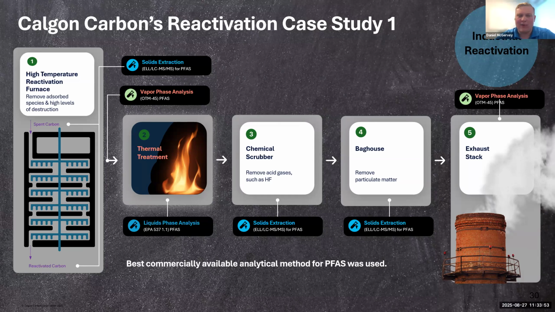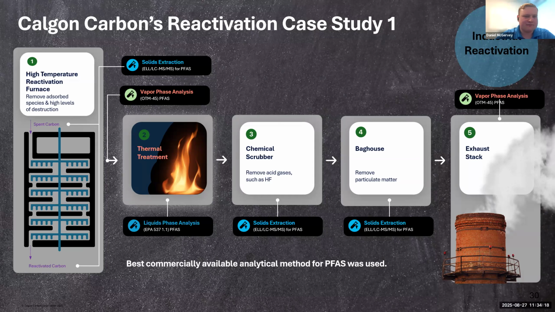Then there's a typical abatement process of a thermal treatment, a chemical scrubber that removes acid gases such as hydrofluoric acid, a baghouse to remove particulate matter, and then the exhaust stack. We measure the analyses for PFAS out of each of those stages, but the most important ones are out of the furnace and out of that exhaust stack in the end.